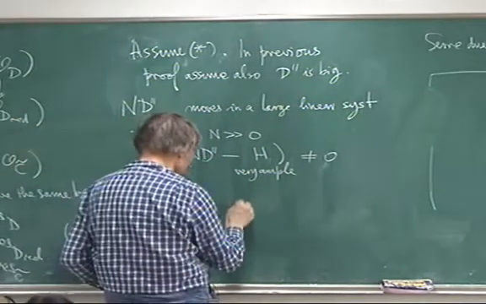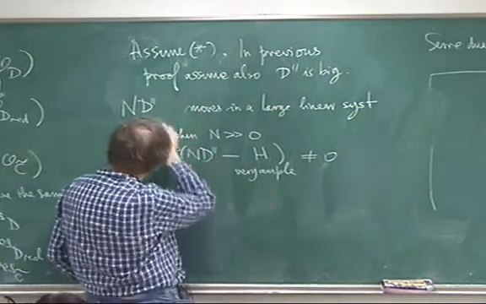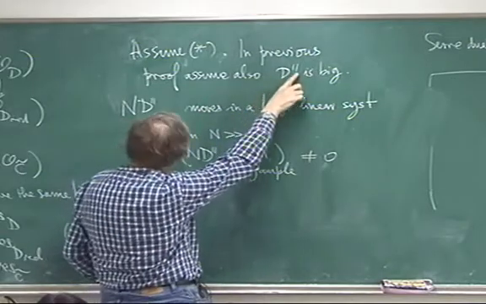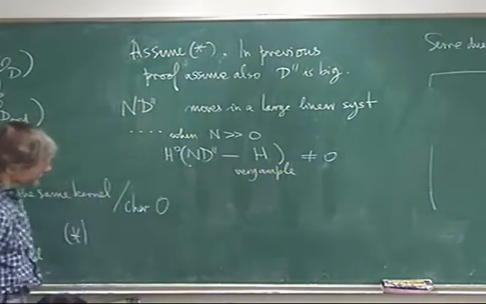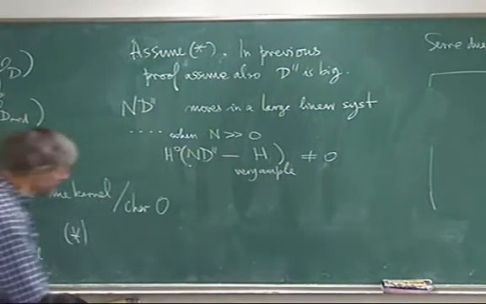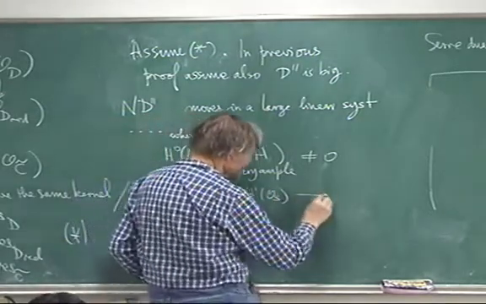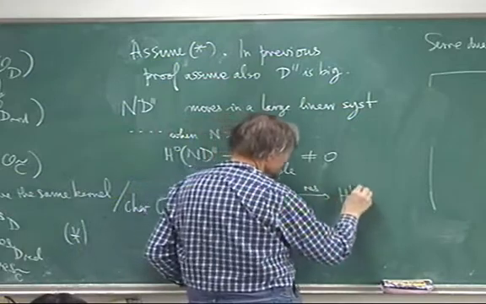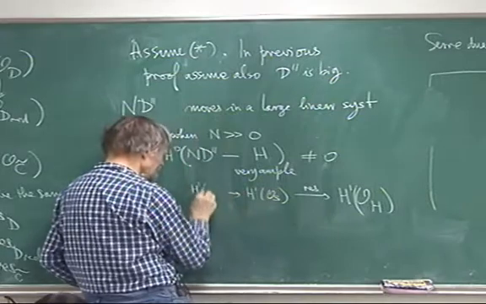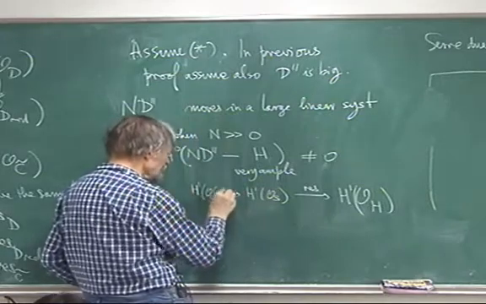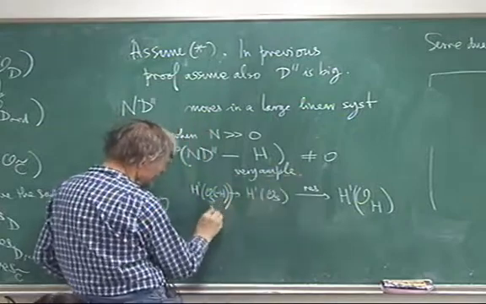If we assume that D double prime is big, then some very large multiple of it is bigger than an ample divisor, or bigger than a large multiple of an ample divisor. Right, so if I was doing H1 O_S and restricting to H1 O_H, then the kernel here is H1 of O of S minus H. And by taking this very ample thing to be big enough, this is 0 by Serre vanishing.